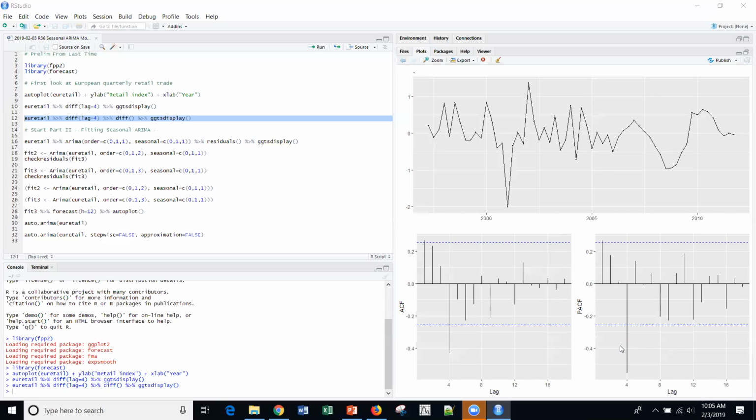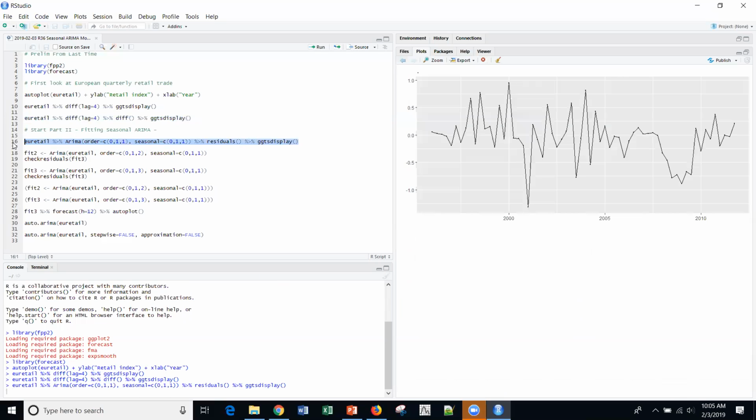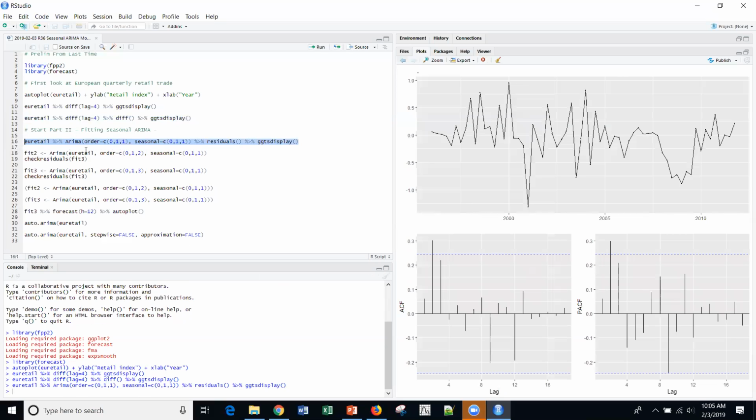So let's try an ARIMA 011011. Right, so this is new code where we're starting, and we're essentially using seasonal ARIMA here. Again, remember, this is capital A, this is from Hyndman, this function here.